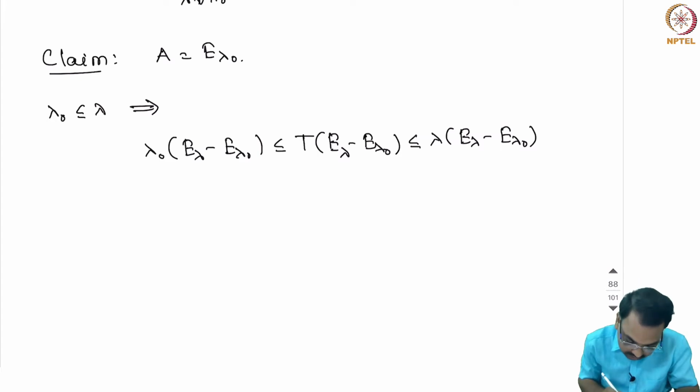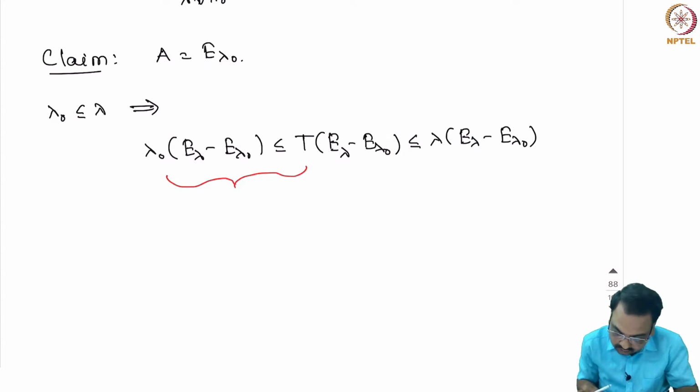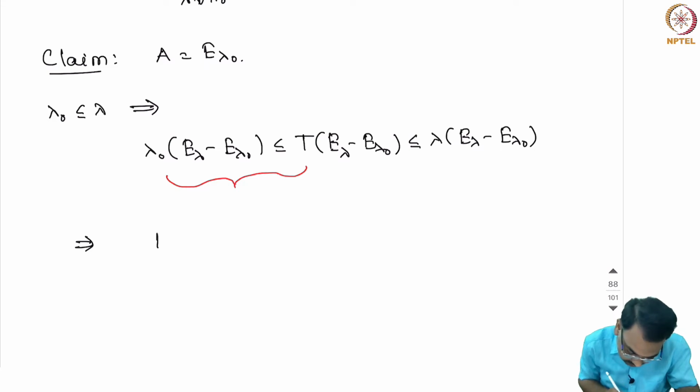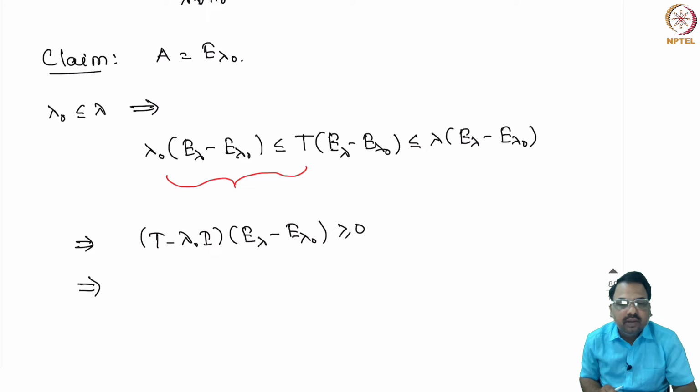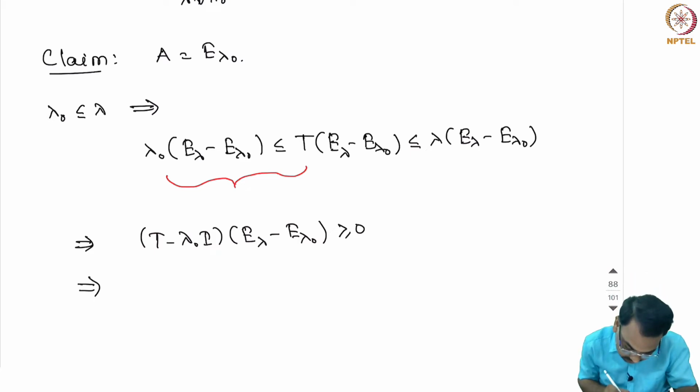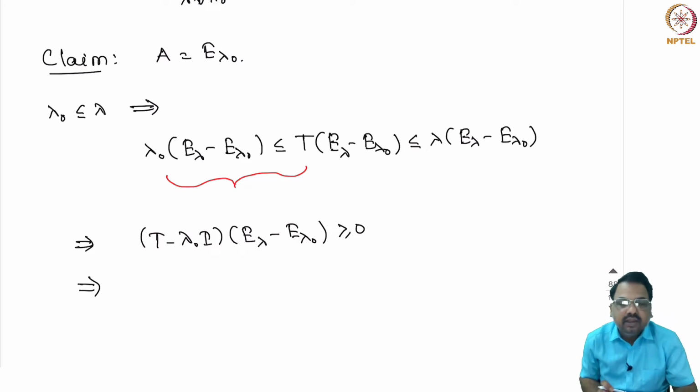So if you look at this condition, we can conclude that T minus lambda naught I into E lambda minus E lambda naught is bigger than 0, and as lambda goes to lambda naught, we can conclude that this operator, when you take the inner product of x with the operator acting on x, is positive.